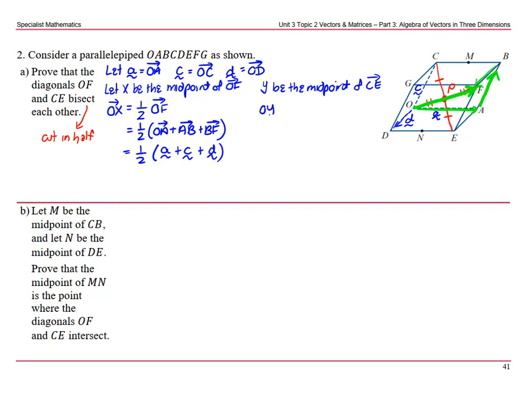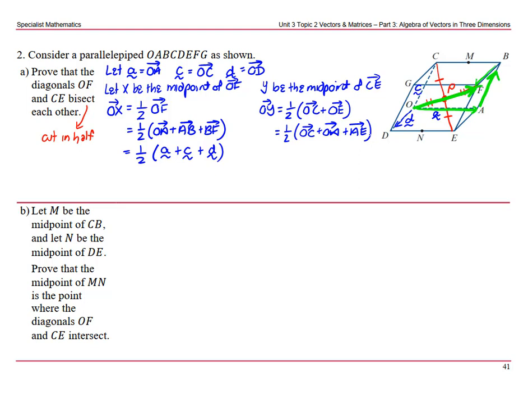Now for OY, we're going to have a half of OC plus OE. That's going to be a half of OC plus OA plus AE. Now, if you need to, draw multiple diagrams so you can see this.